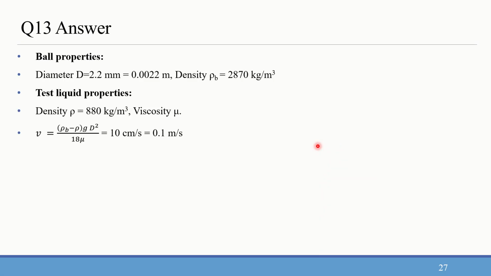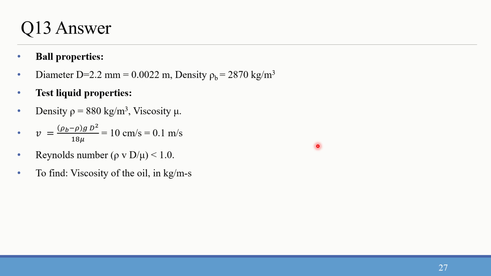So based on that, we take V is equal to 10 centimeter per second, and the Reynolds number is rho V d by mu, which should be less than 1.